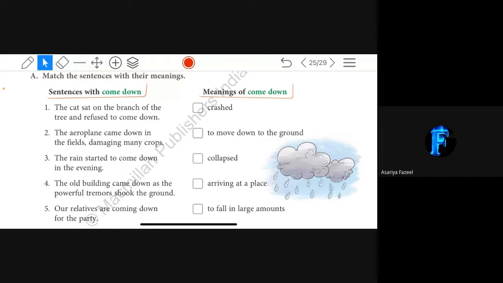Yes, sir. So number one, the cat sat on the branch of the tree and refused to come down.